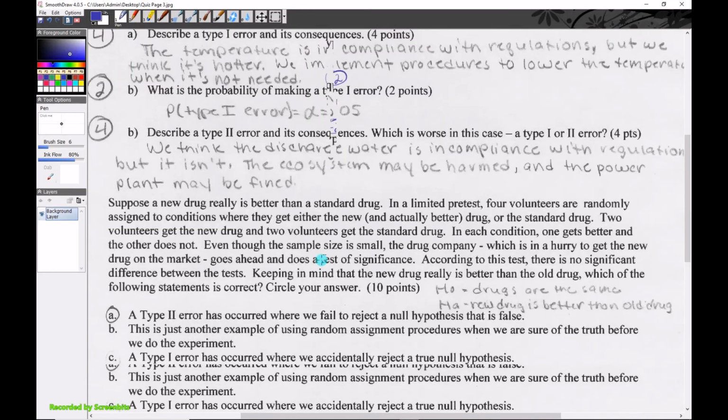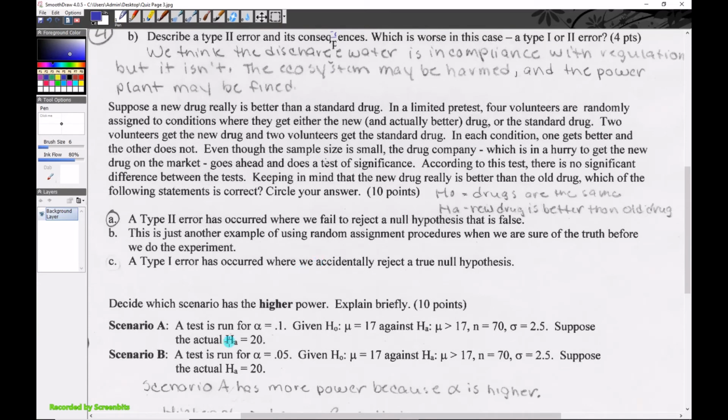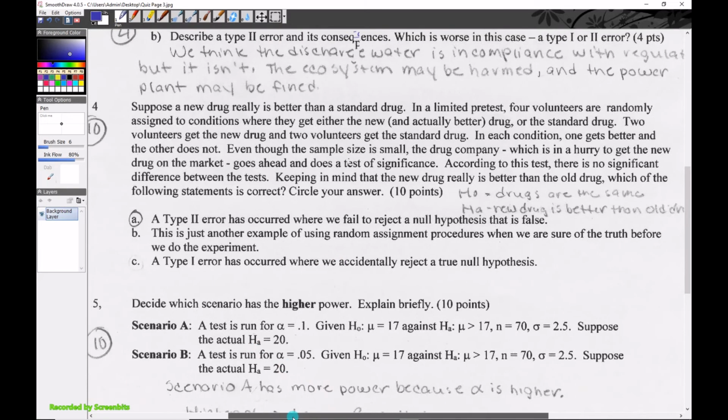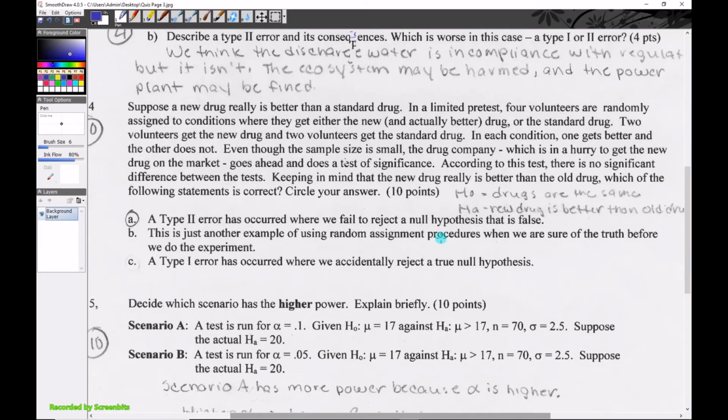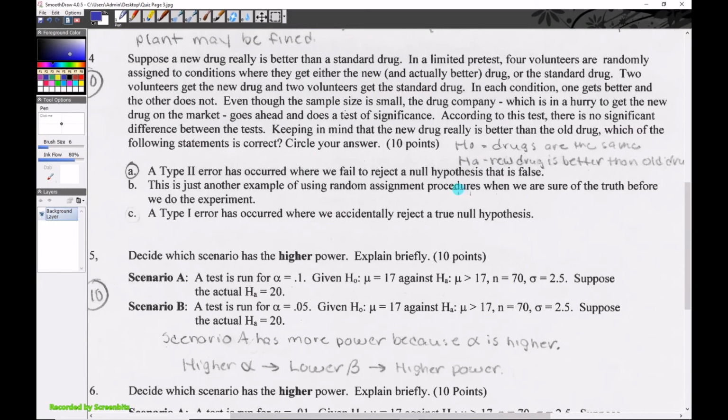All right, this next one, which I think is number 4, yes. This is about the drug thing, and a lot of people missed this. The reason that you missed it is because you didn't take the time to write out H0 and HA.